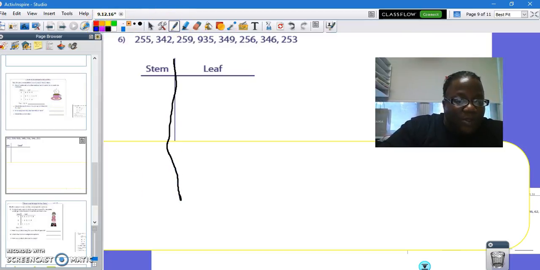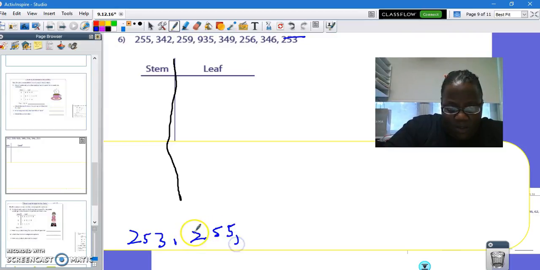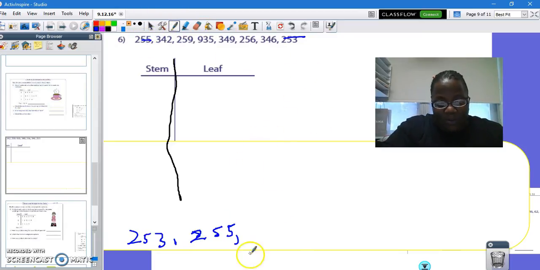Okay, so putting these numbers in order, number 6, I have 253, and then 255, and then 256. Again, gotta excuse my handwriting.